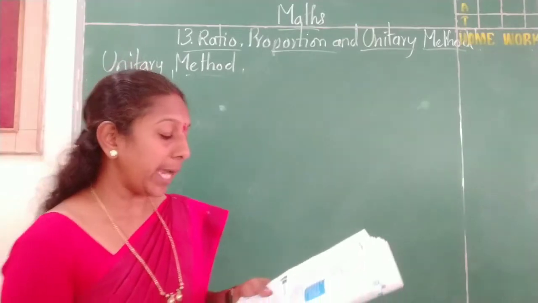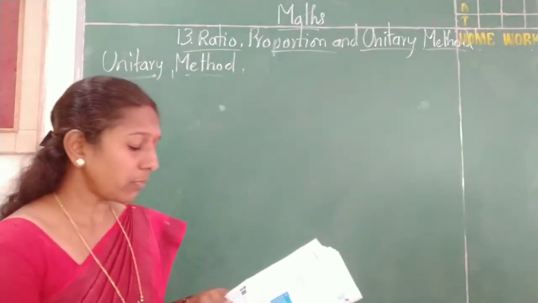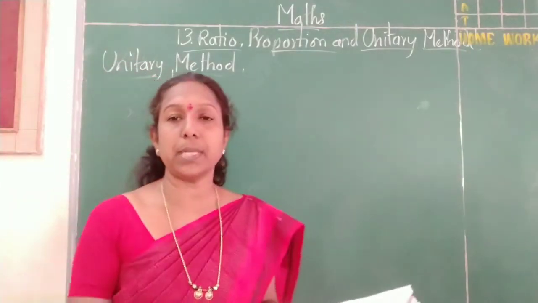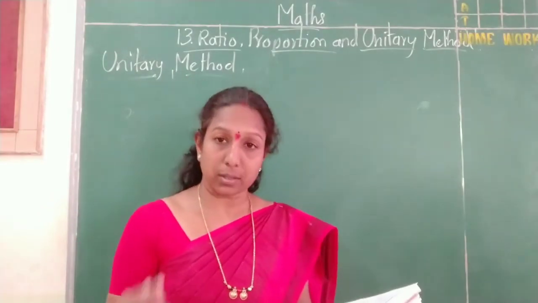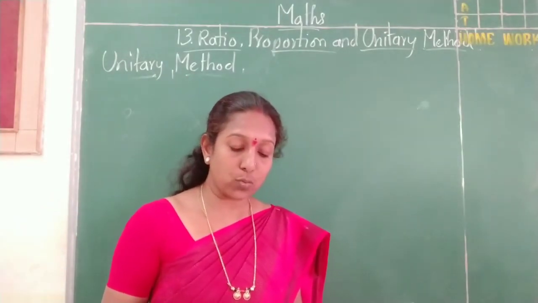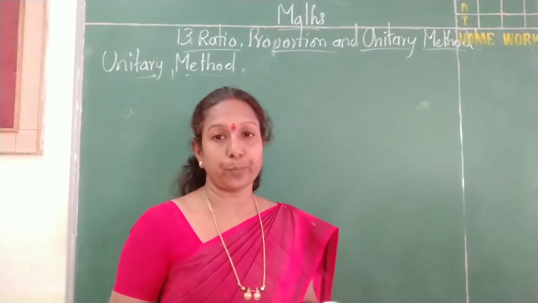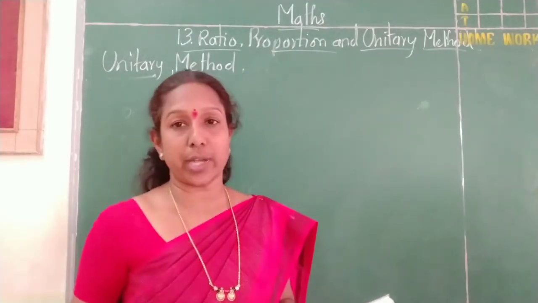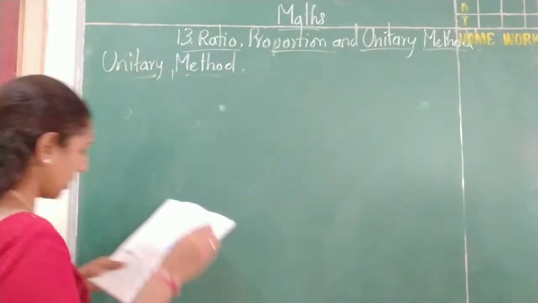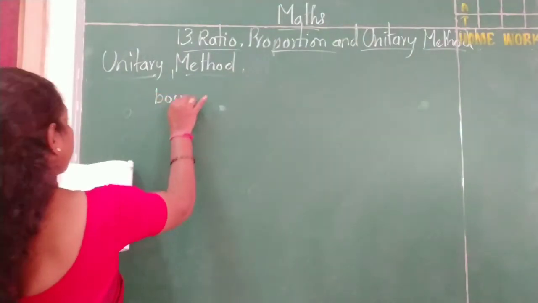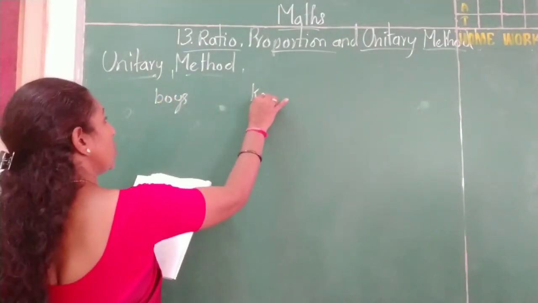Now here, if 8 boys can consume 4 kg of rice (consume means they will eat or use), how much rice will 10 boys consume? In this question, there are two things: one is the boys, another one is the kg of rice.